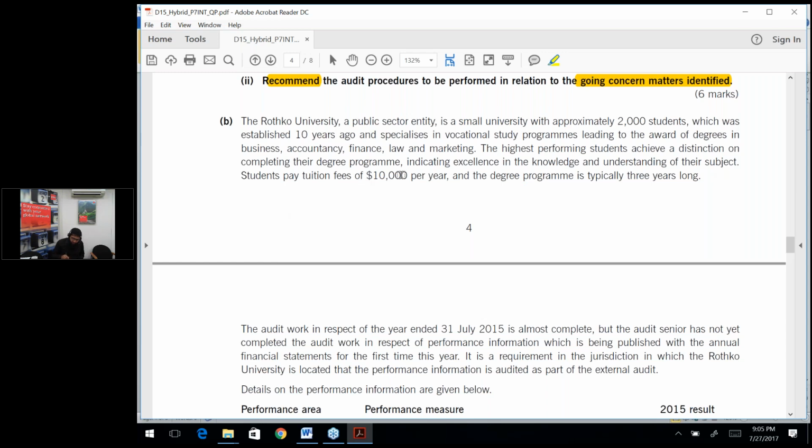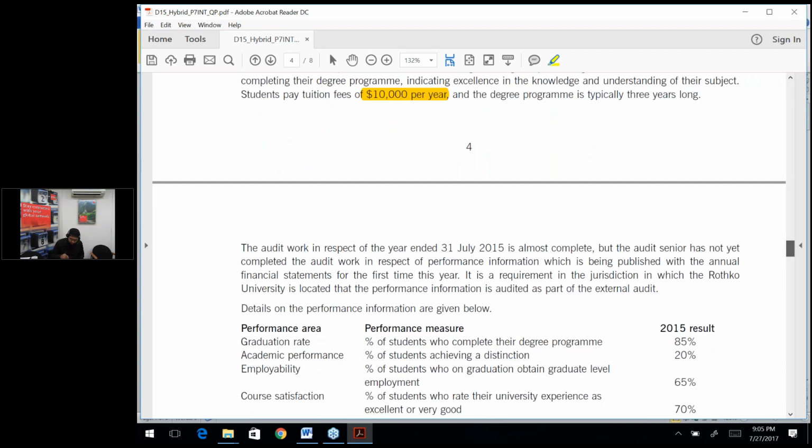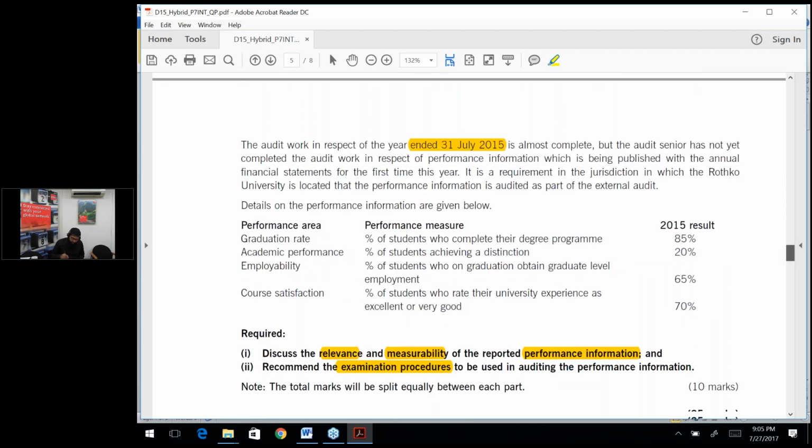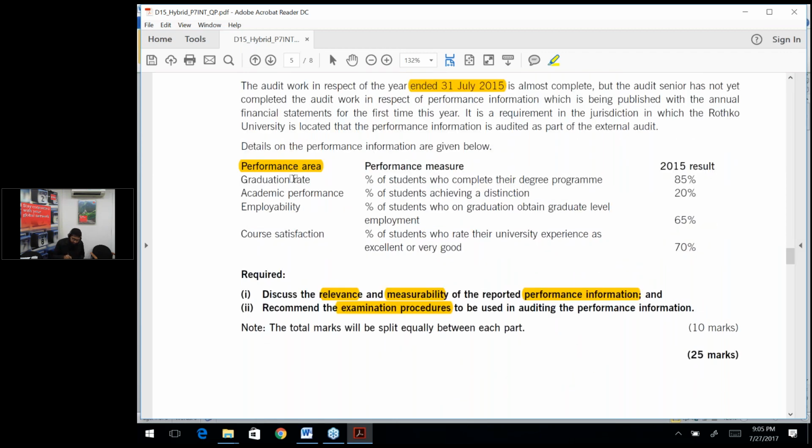Students pay tuition fee of 10,000 per year, and the degree program is typically 3 years long. The audit work in respect of the year ended 31st July is almost complete, but the audit senior has not yet completed the audit work in respect of performance information. The performance areas are graduation rate, academic performance, employability, course satisfaction.